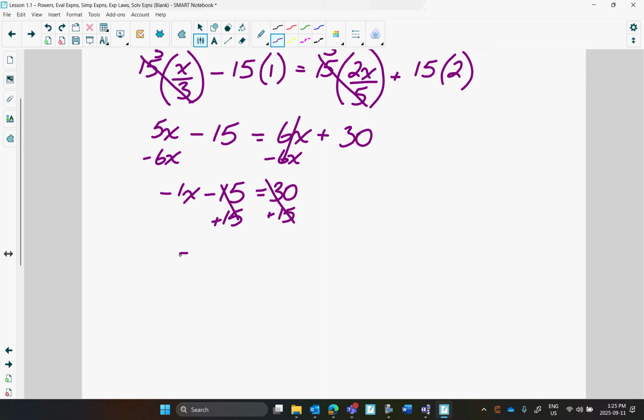I'm really close, but I still haven't got x yet. There's a negative in front. Yes. Whenever you have that, if you want to change this to positive, just go ahead and change it to positive, but then you have to change the sign of this side. So if I want to change this to positive x, I'm going to change the right side from positive to negative 45.